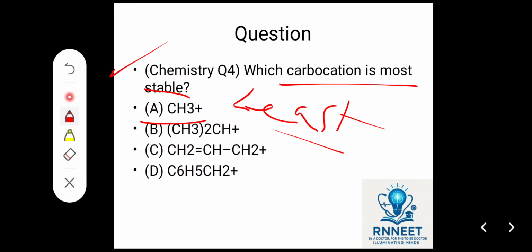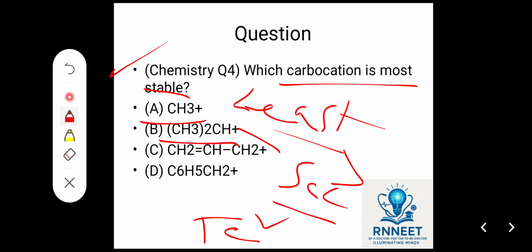Then you look at the second one, (CH3)2CH+. This becomes a secondary carbocation. Secondary carbocations are more stable than the methyl, but not as stable as the tertiary. So there could be a tertiary which is more stable. So this is more stable than the first one. Next, CH2=CH2. This is a tertiary carbocation, but what is happening?